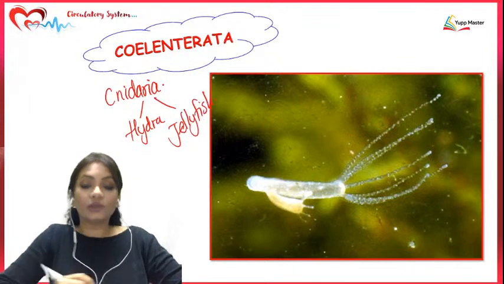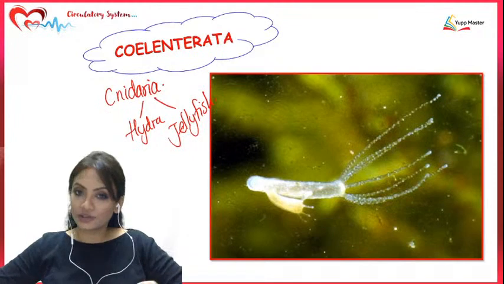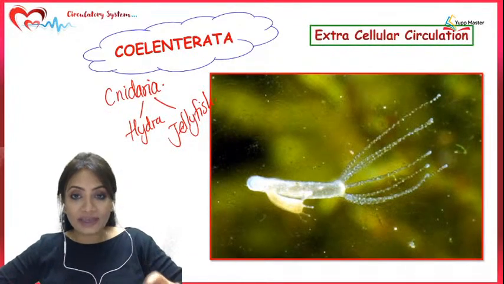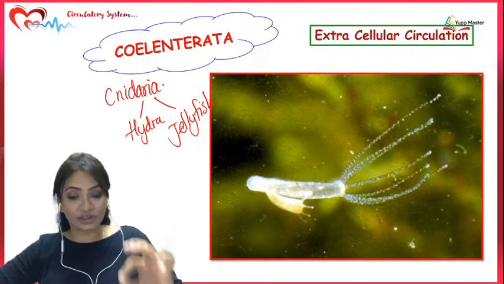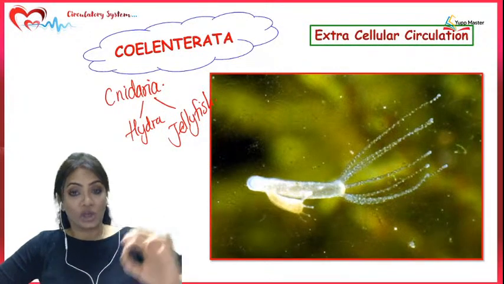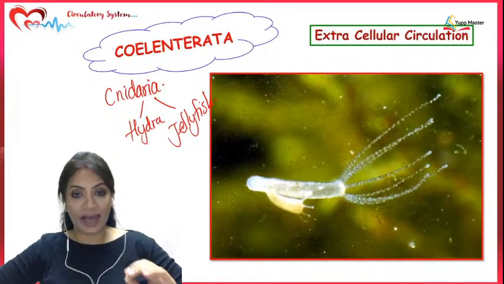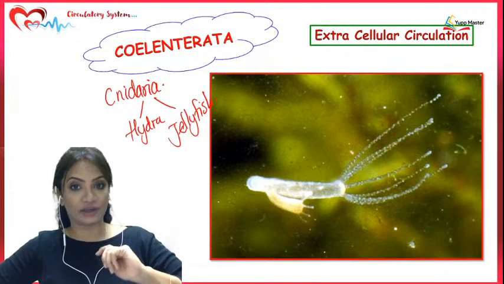So you have these kinds of examples when we're talking about the phylum Coelenterata. How does circulation take place here? Similarly, there is an extracellular circulation happening even in this phylum. So extracellular circulation happens in Porifera and also in Coelenterata.